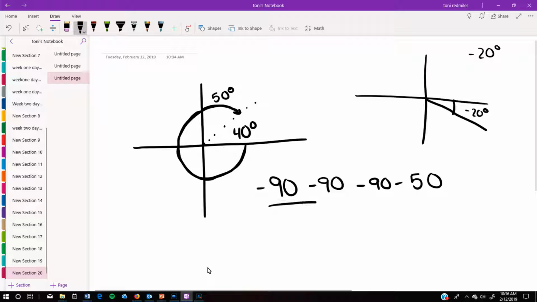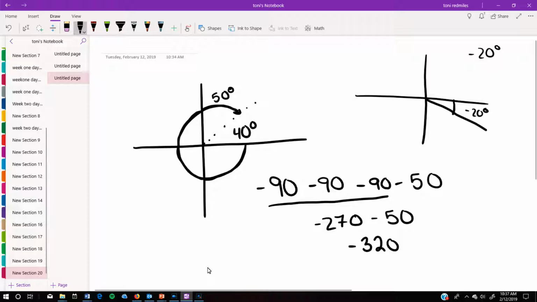All right, so these three are going to give me a negative 270, minus another 50 is going to give me a negative 320. All right, so that's the visual way of how I do this. It's still a coterminal angle because I still share an initial and a terminal side.